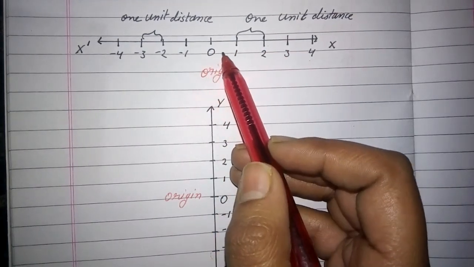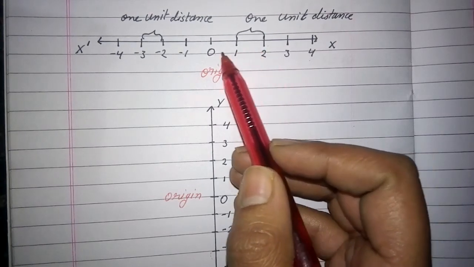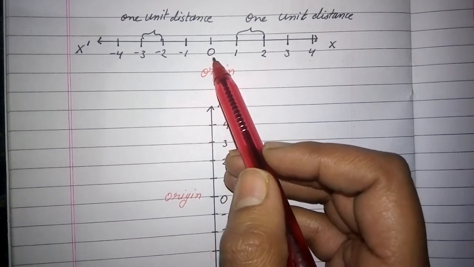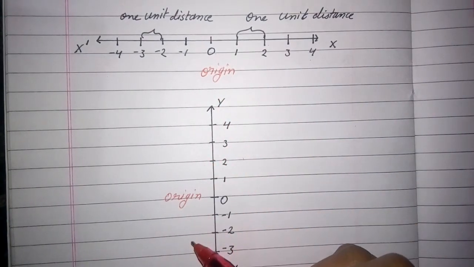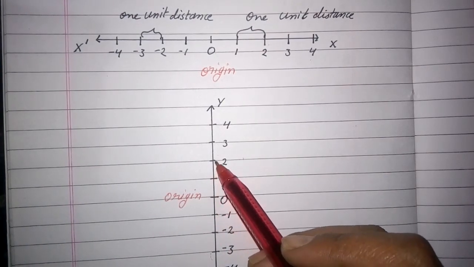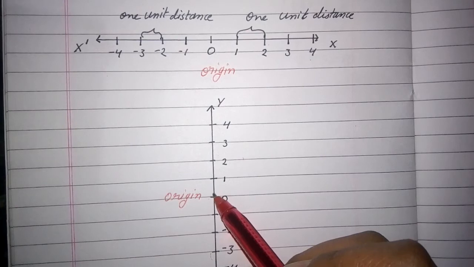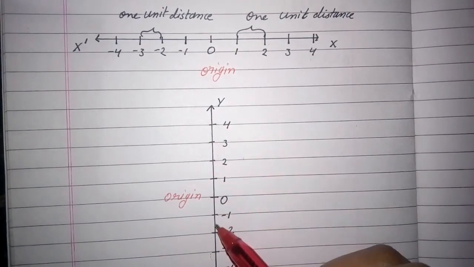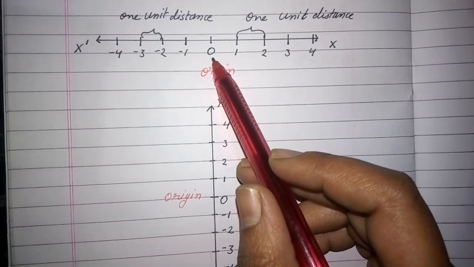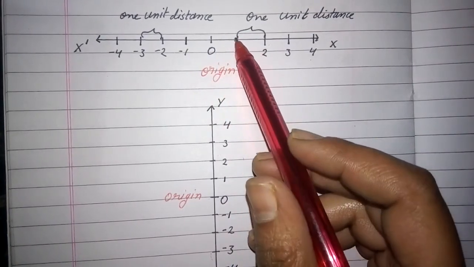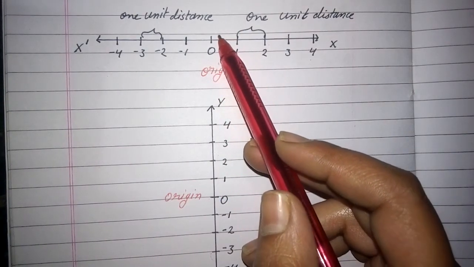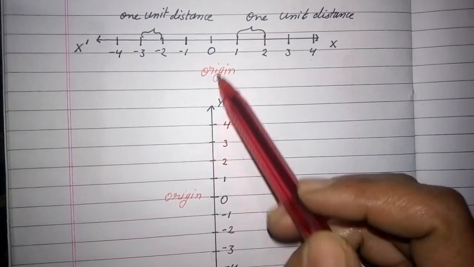I am repeating: the point from which the distance is marked is called the origin. From here we are marking the points. In the vertical number line, this is the point from which we are marking the distance, so this is the origin, and in the horizontal number line this 0 is the origin.